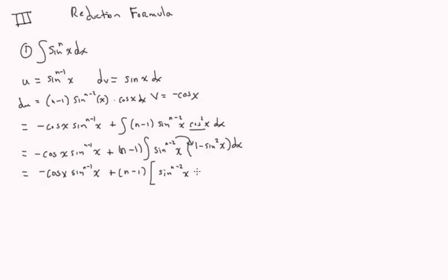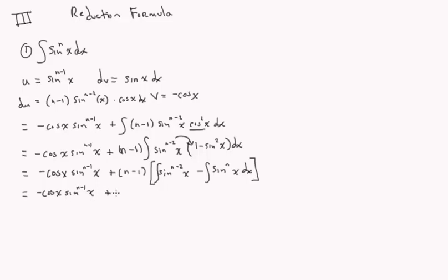Then I'm going to say minus, of course I need an integral here, minus the integral of sine to what power? Well, n minus 2 times squared, so that's going to be to the power of n x dx. Pretty cool.